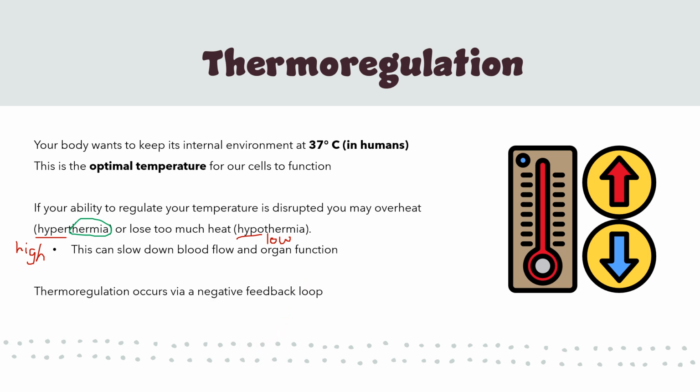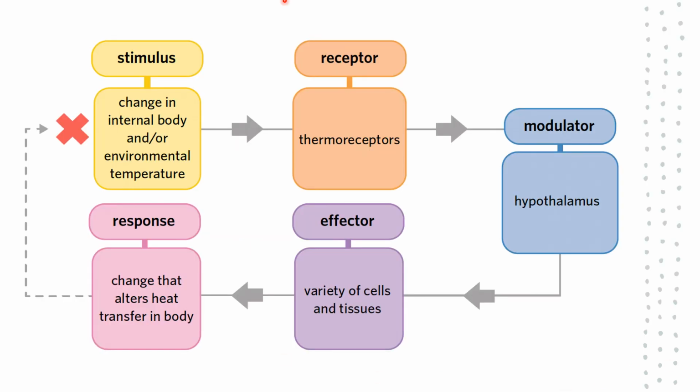Thermoregulation occurs via a negative feedback loop, which we have looked at, and I've got an example on the next slide. So this is a little bit more complicated than what we looked at in the last video, but we've still got the stimulus, receptor, modulator, effector, and response, which counteracts our stimulus because it's a negative feedback loop. So our stimulus is a change in internal body and/or environmental temperature.